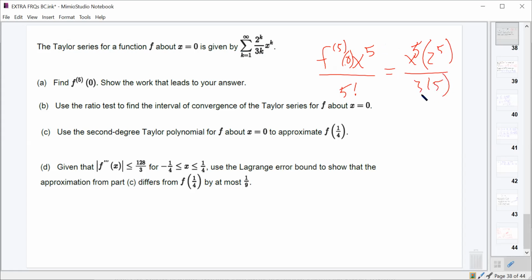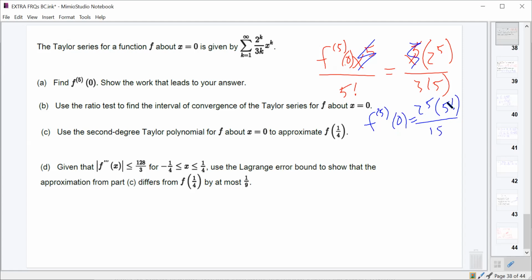And so if we want to know what is the fifth derivative of f at 0, we can get rid of these x to the fifth, and then we just need to solve for the fifth derivative of f at 0. We'll end up with 2 to the fifth times 5 factorial over 15. We can simplify that down.